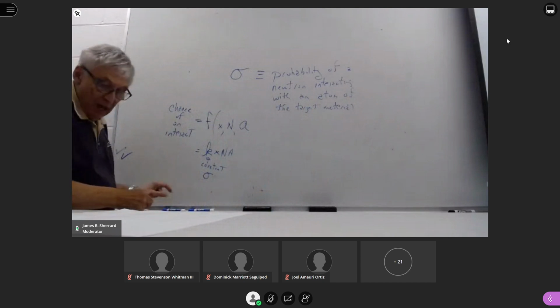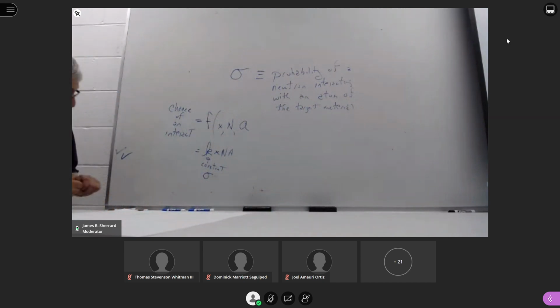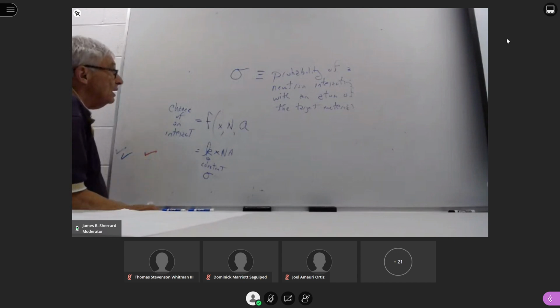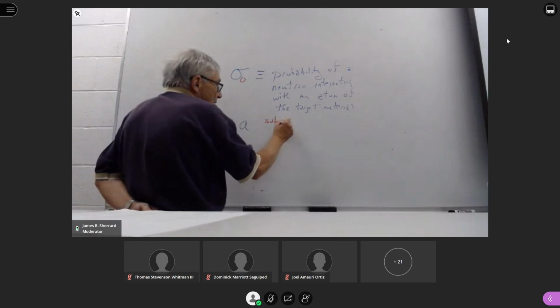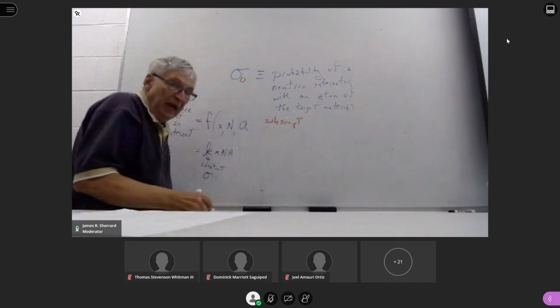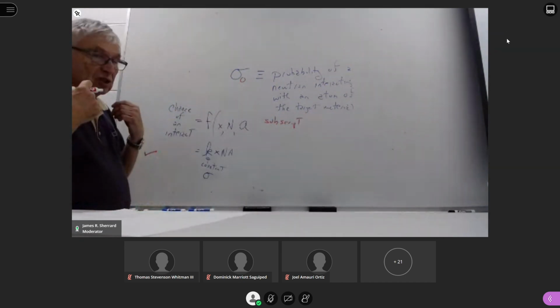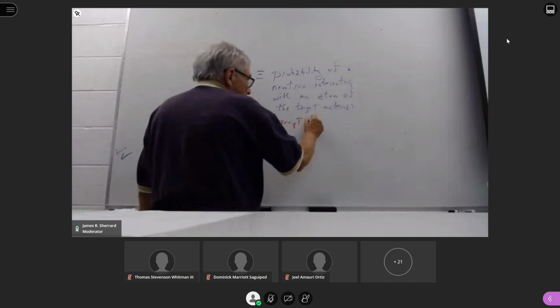It usually has with it a subscript, and the subscript denotes the type of interaction.